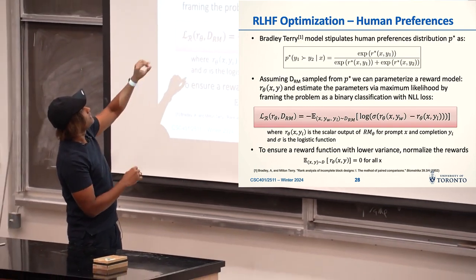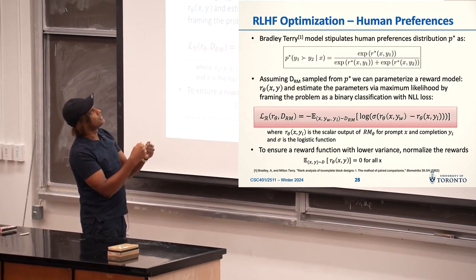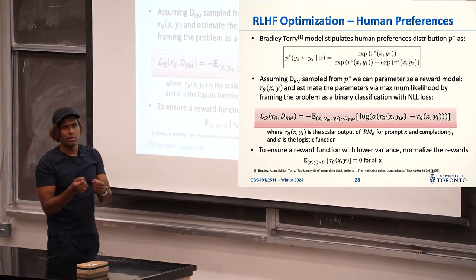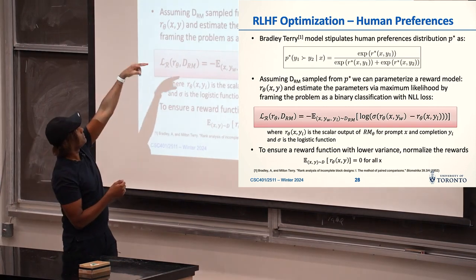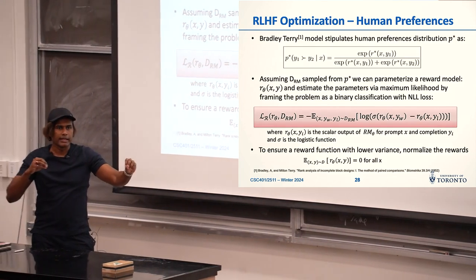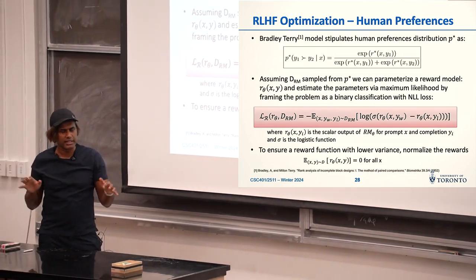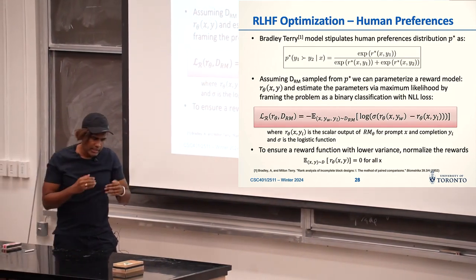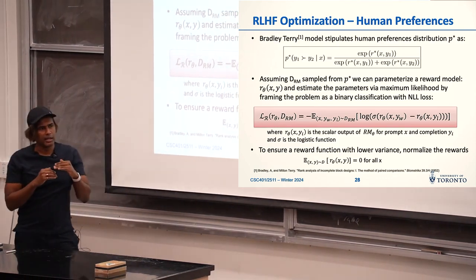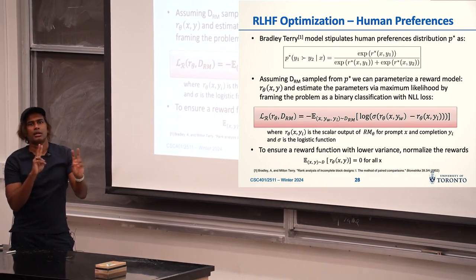Okay, so in order to design an objective function, we need to model the preferences. So we use the Bradley-Terry model. What if there are more rankings, like 3 choices, 4 choices? The Bradley-Terry model is essentially a subset of what we call Plackett-Luce models, in the case where there are only 2 options.